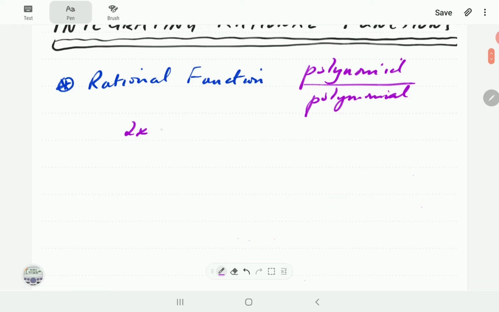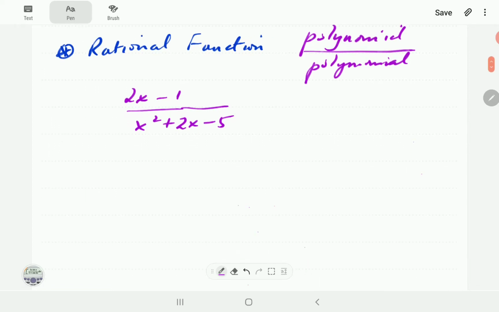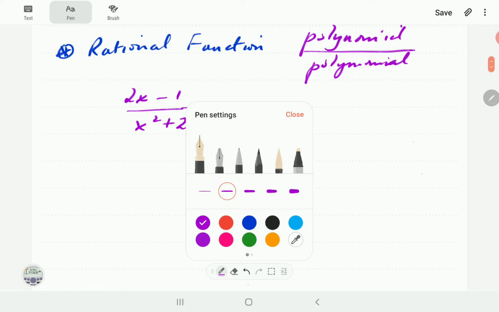Here is an example: 2x minus 1 divided by x squared, say, plus 2x minus 5. So this is an example of a rational function.